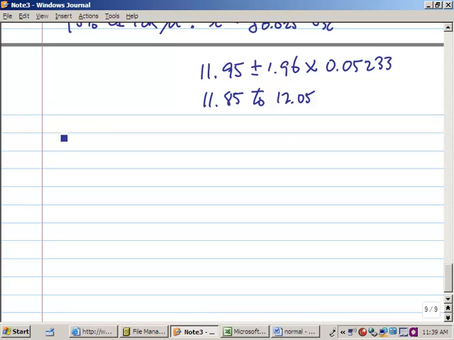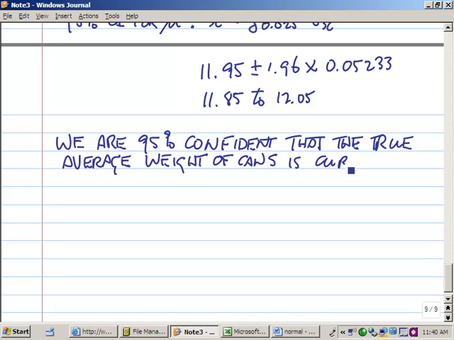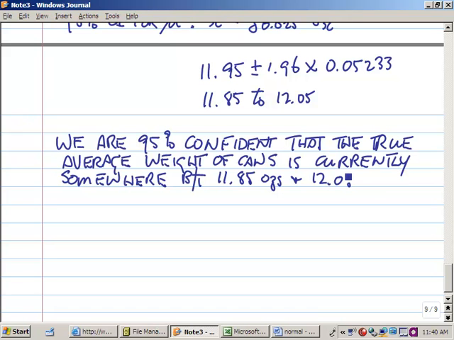That's our confidence interval. And if you want to get some sort of intuition about that, we can say that we are 95% confident that the true average weight of these cans is currently, to reflect the fact that it might change tomorrow, somewhere between 11.85 ounces and 12.05 ounces.